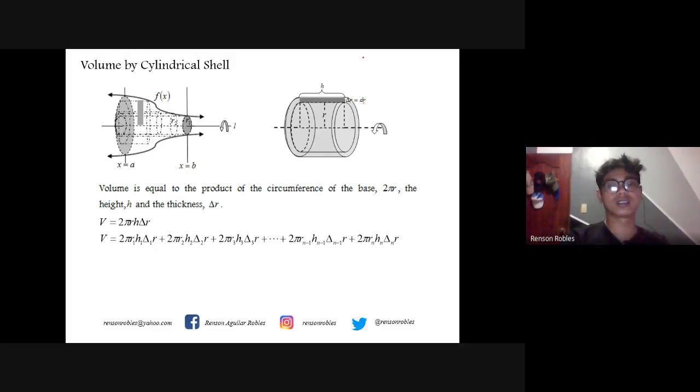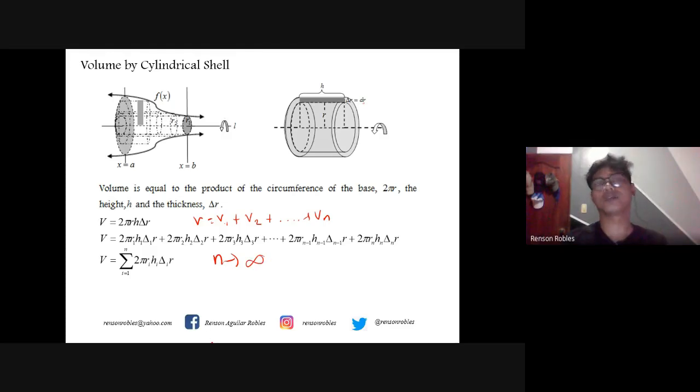And then you write it in summation notation, because the volume can be written as V1, the volume of the first cylinder, the volume of the second cylinder, until you reach the nth cylinder. That can be written in summation notation, these Riemann sums. Again, the idea is to use infinitely many cylinders. Why are we doing that?